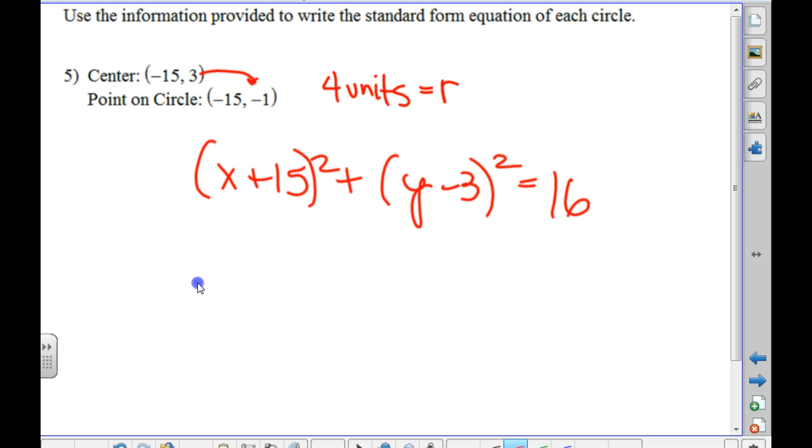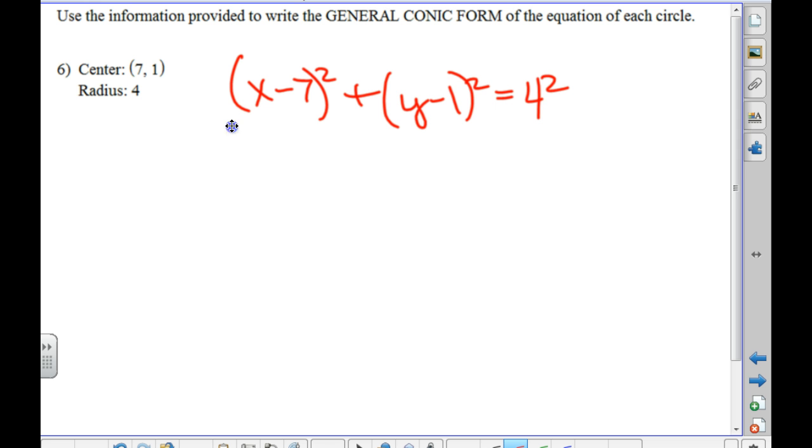Hold up. Where? Oh, I took a conic. Conic? Okay. Now, normally, no one would ever ask you to do what I'm asking you to do here, but I want you to see how it relates to going the other way. So I'm going to ask you to FOIL this all out, okay?